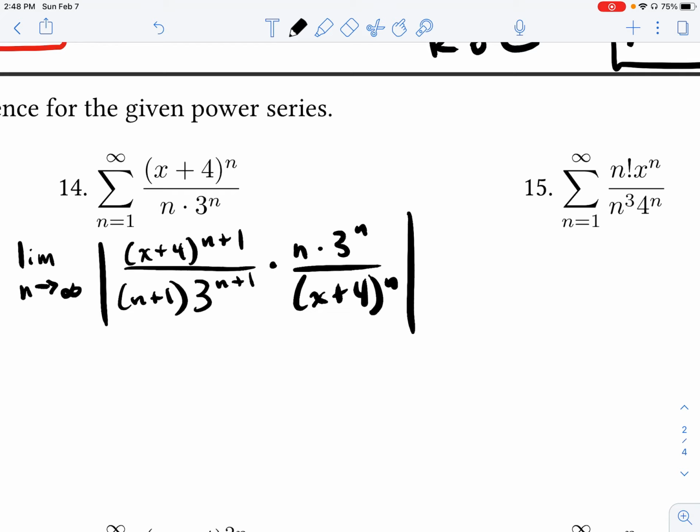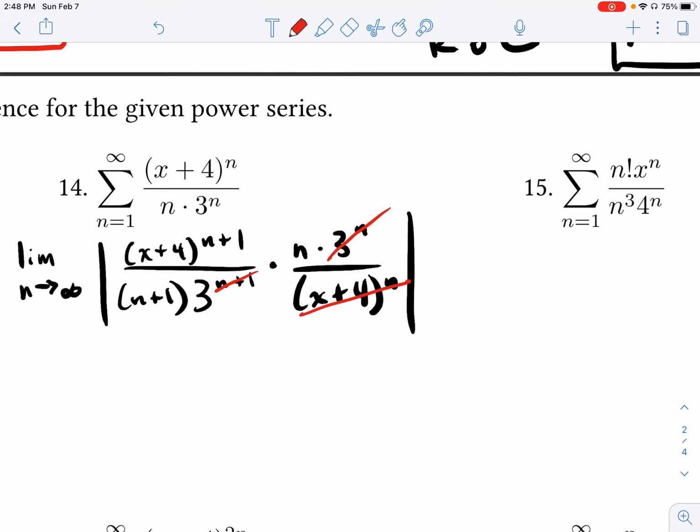All right, so now ask yourself, is there anything that I can clean up here? Well, I know I can divide this 3 to the n into the 3 to the n plus 1 down here in the denominator. So I'm going to divide that and that. And similarly, I've got an (x plus 4) to the n in the denominator, and the x plus 4 is being raised to the n plus 1 power in the numerator.